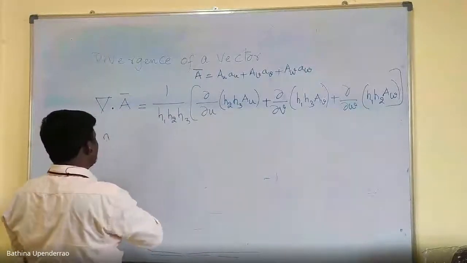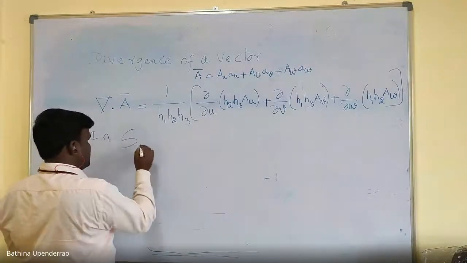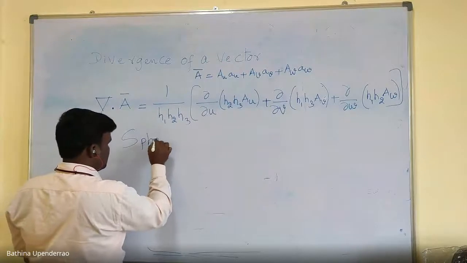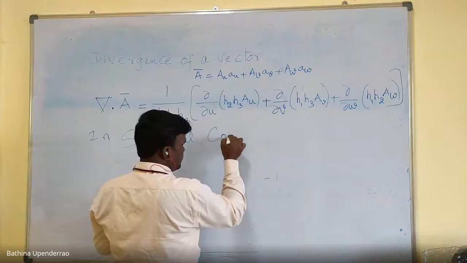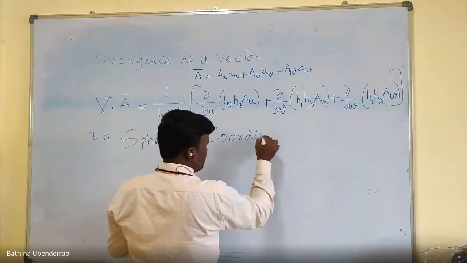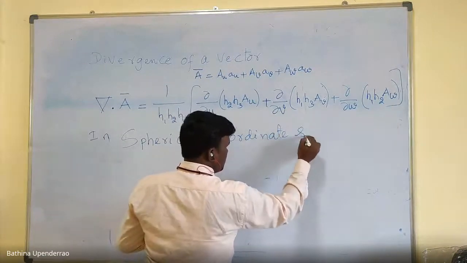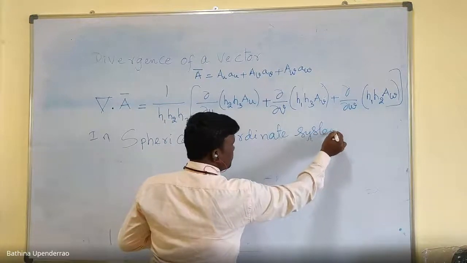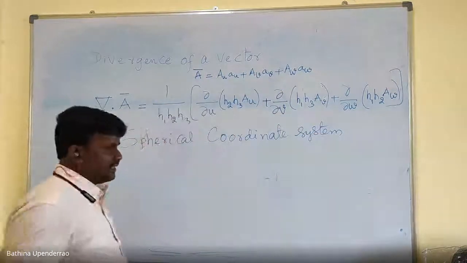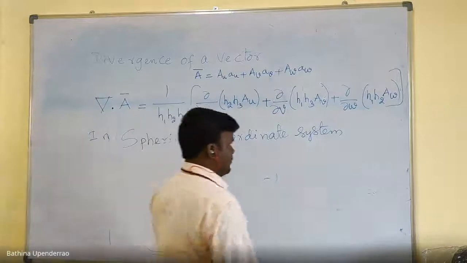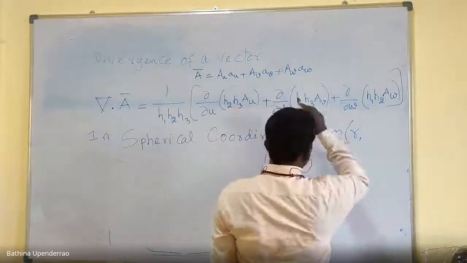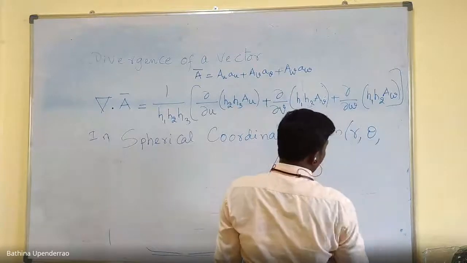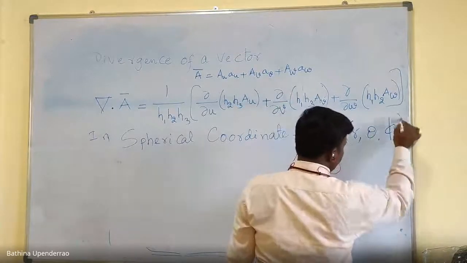In spherical coordinate system, the elements are: u is r, v, the second element, is theta, and w, the third element, is phi.